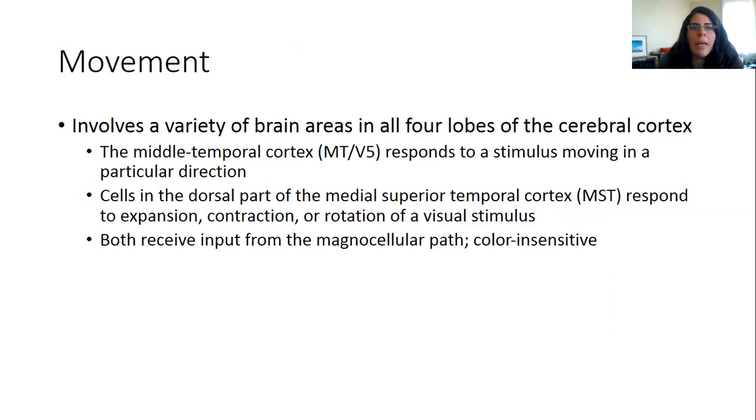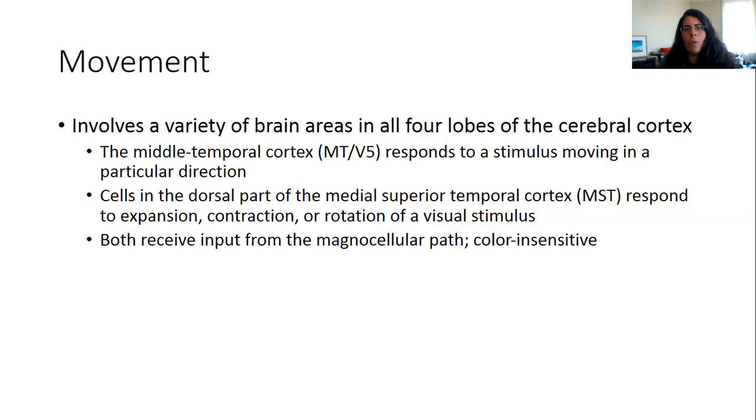Movement, just like other behavior and phenomenon, is not just processed in one area. There is the MT/V5 module, which responds to a stimulus moving in a particular direction, but there's also the MST that responds to expansion, contraction, rotation of a visual stimulus. And they both receive input from the magnocellular pathway, right?